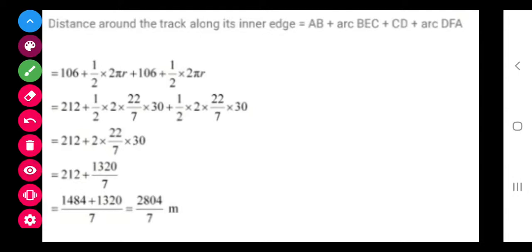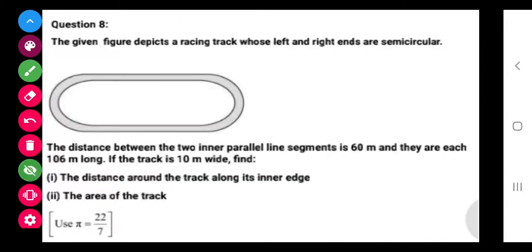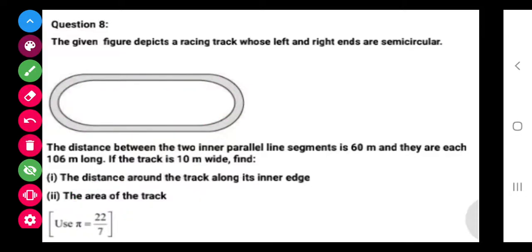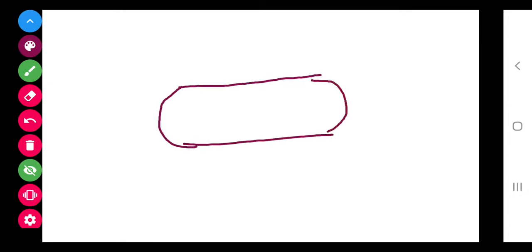Now the second question says area of the track. This area we have to determine. So how will we do it? Class, for that, you see this I am making for you. This is the inner track and this is the outer track.